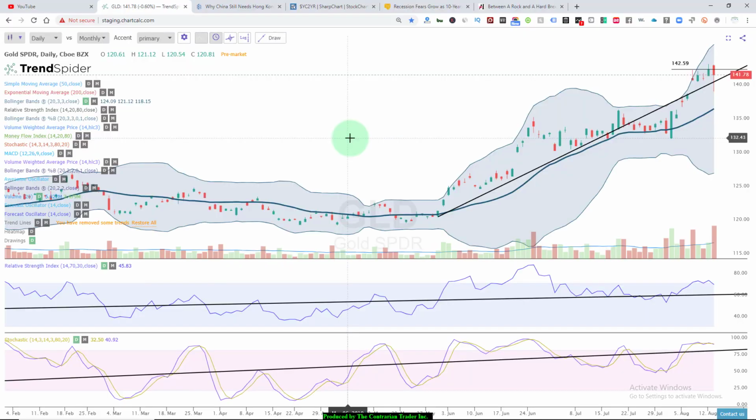We're going to kick things off with gold using the GLD. Now, I had been warning members that you need to be very, very careful of the price of gold because we were flashing topping tails. And that is a sign of indecision.